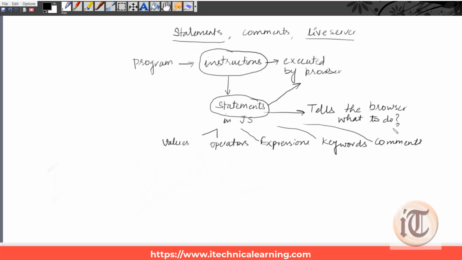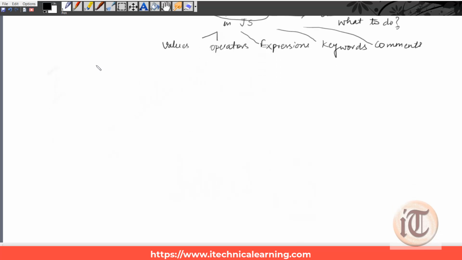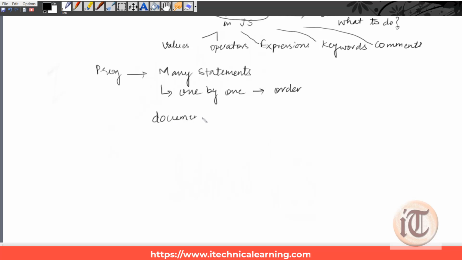So a JavaScript program may contain many statements, and these statements are executed one by one in the order in which they are written. Suppose I'm writing one statement, document.write, and I'm saying, say, hello.